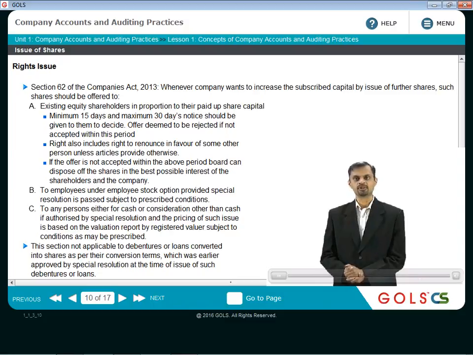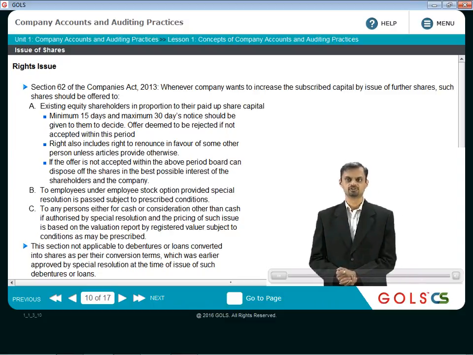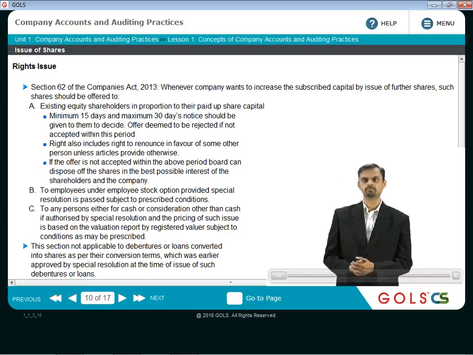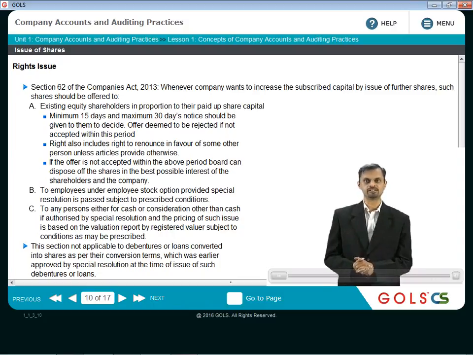This section is not applicable to debentures or loans converted into shares as per their conversion terms. So when the redeemable debentures or redeemable preference shares are converted into equity shares, or any loans are converted into shares, all these things will not affect the clauses related to rights issue.